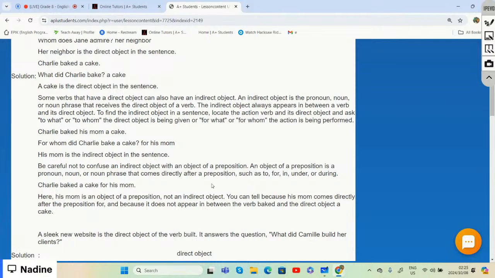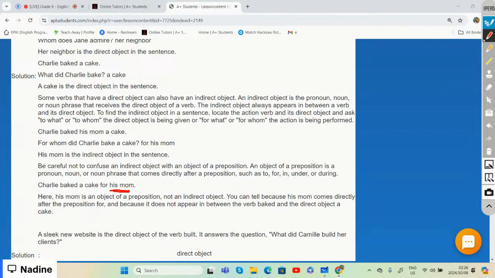If we look at an example, we say Charlie baked a cake for his mom. His mom is the object of the preposition because it comes after the preposition, which is for. So that is not an indirect object.